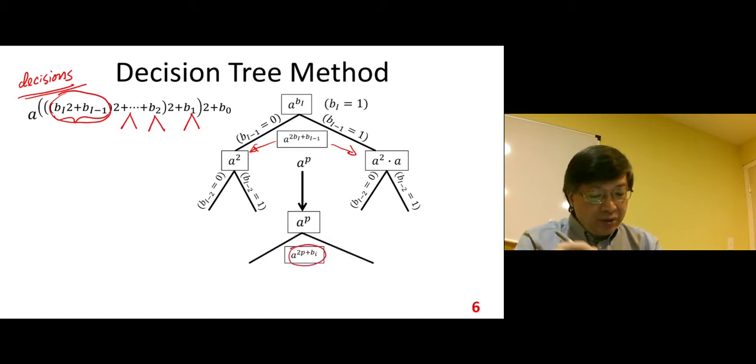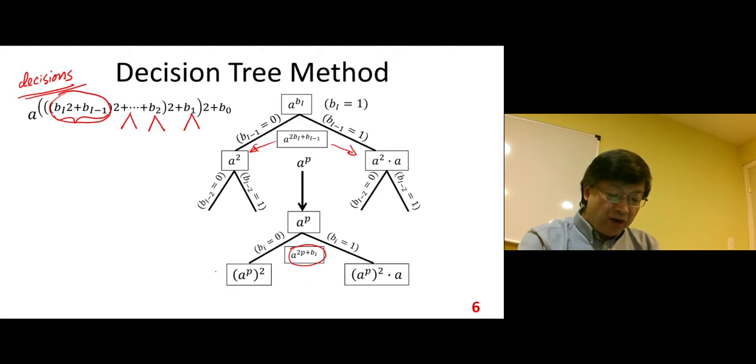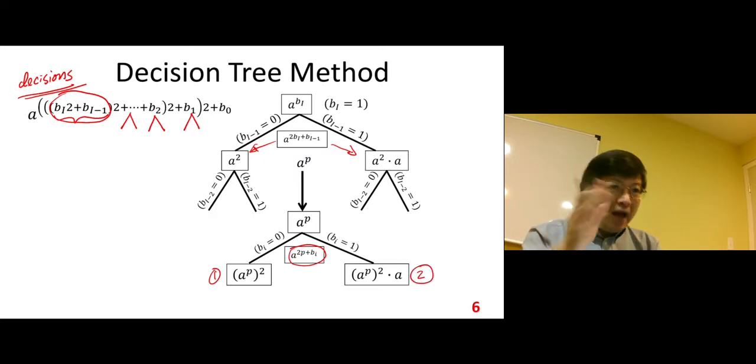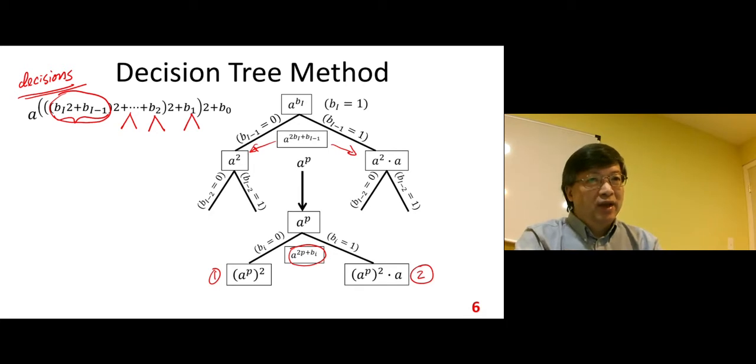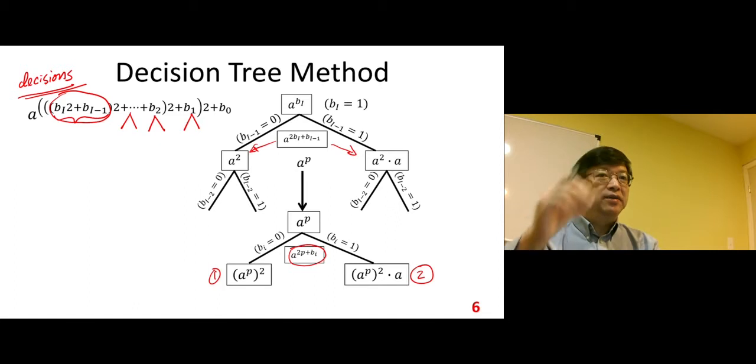We need to make two decisions: bi equals 0 and bi equals 1. For the 0 case, a square corresponds to 1 multiplication. For the 1 case, a square times another a corresponds to 2 multiplications. So that's our decision tree. That's the way we use the decision tree to organize our data.